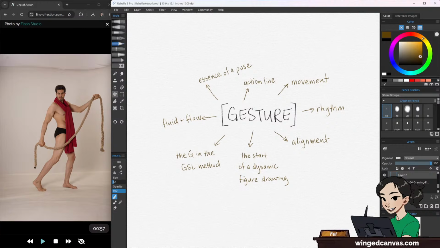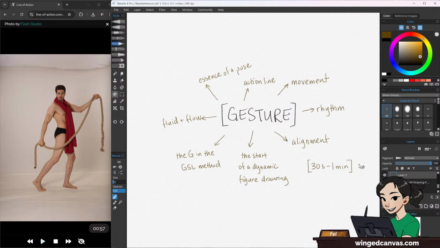I get asked a lot, how long should a gesture drawing take? I would say anywhere from 30 seconds to 1 minute. If you're a beginner, you probably want to aim for about 1 minute.